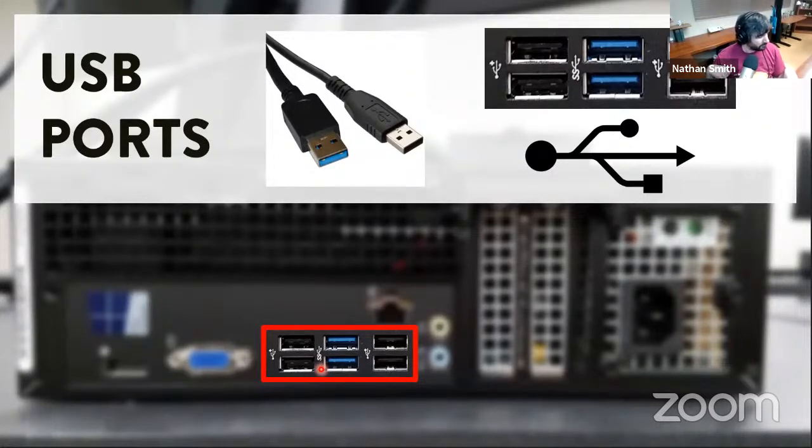I have a little game controller over here. I've got an iPad, the mouse and keyboard on my computer, just so much stuff. Any of that stuff can be plugged in via USB, just depending on what kind of equipment you have. So USB is really useful.